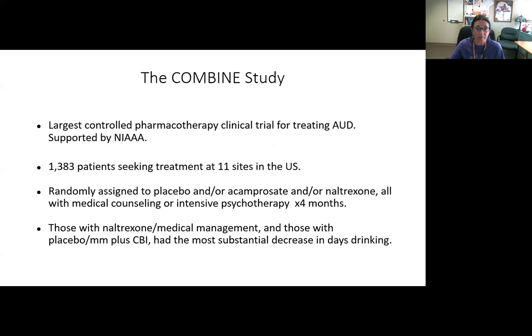In this trial, patients were randomly assigned to placebo plus either acamprosate, which we'll talk about next, or naltrexone, all with medical counseling at the provider visit, and then randomized to either having intensive psychotherapy or not for 4 months. What was found was that those who had the naltrexone with medical management and those with placebo plus intense psychotherapy had the most substantial decrease in days drinking. So this was really what supported the use of prescribing naltrexone in the office setting.